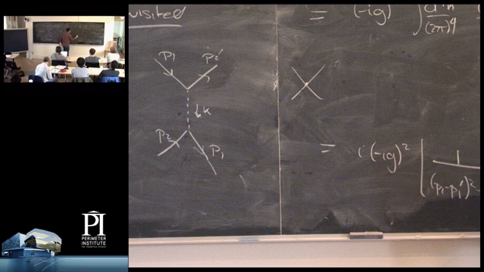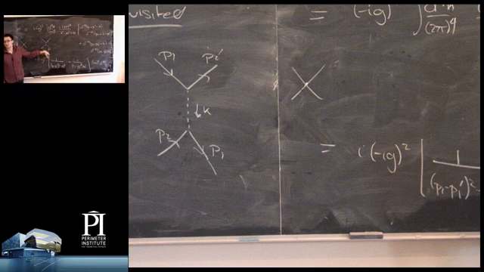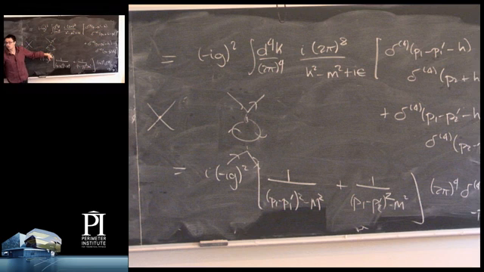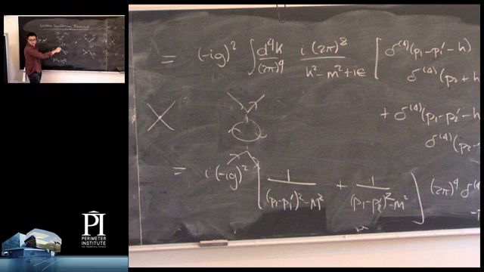There's one last thing I want to say, so I know I'm running on. There were diagrams like this, which I told you would be suppressed because they're order g to the 4, in this case 1, 2, 3, 4 vertices. And it's true, they're down by g to the 4, but there's a coefficient in front of them which is infinite. It's infinite because here you have to integrate over the momentum of all possible internal lines.